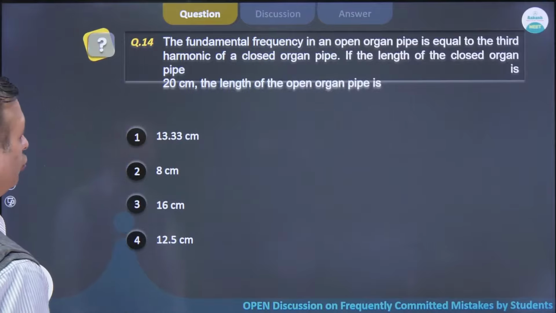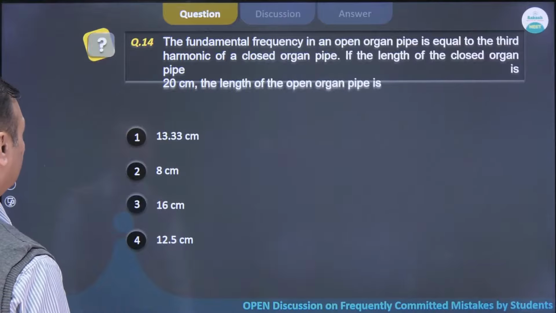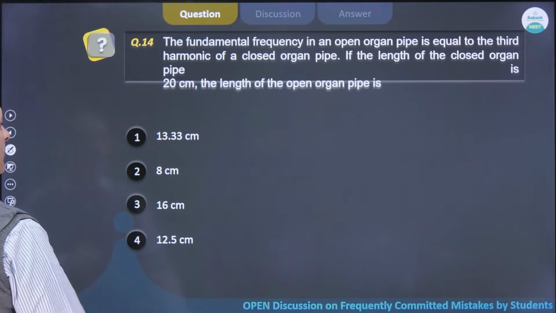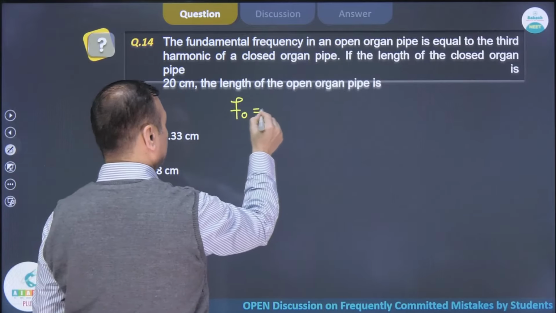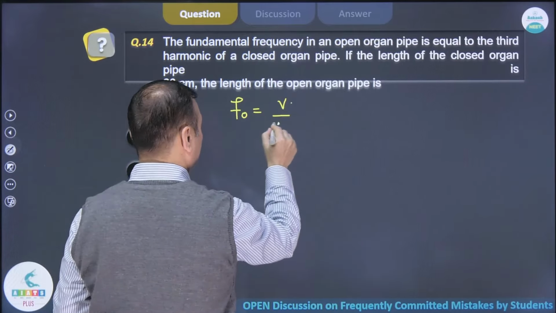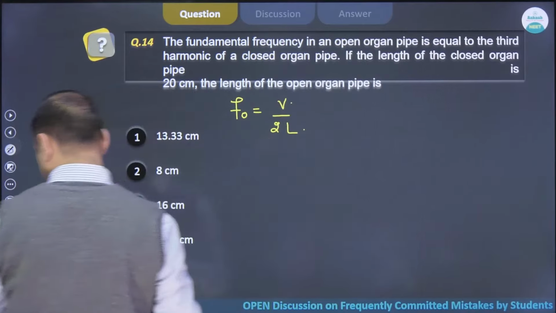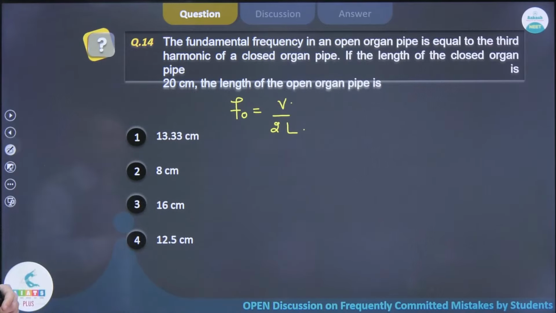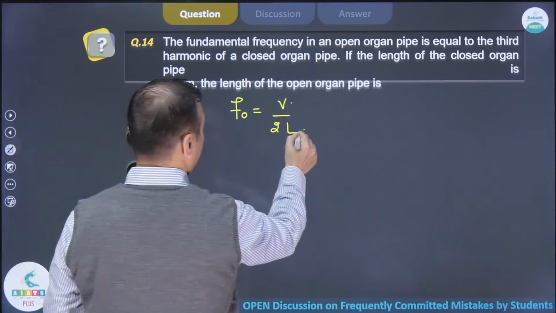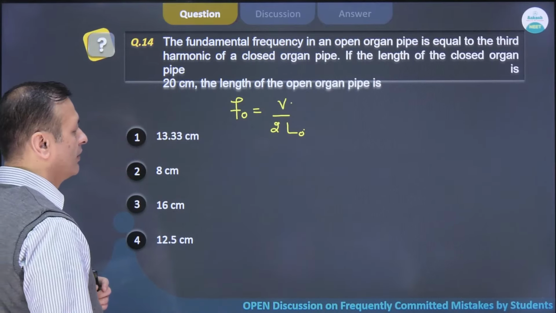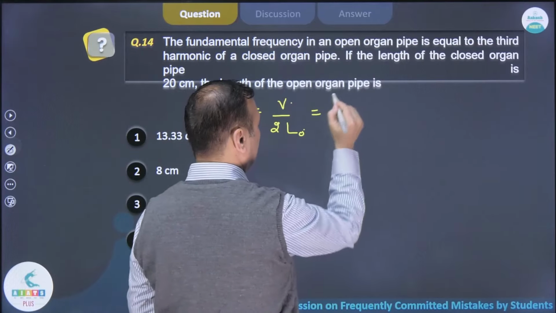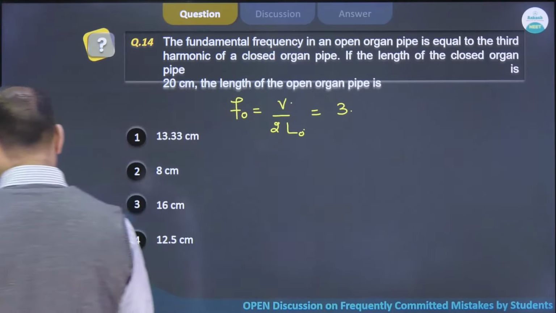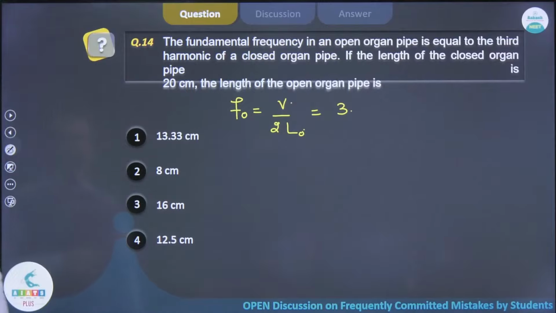If the length of the closed organ pipe is 20, the length of the open pipe is. So the fundamental frequency of the open pipe is v by 2L. Let the length of the open pipe be L_O, and this is equal to the third harmonic of a closed pipe.